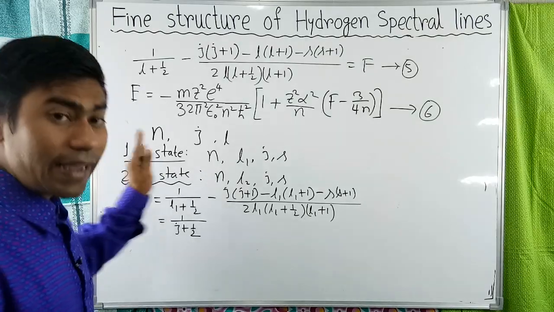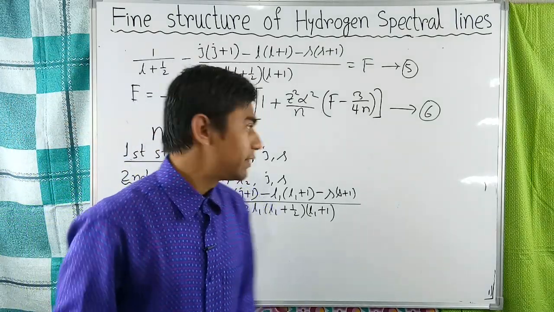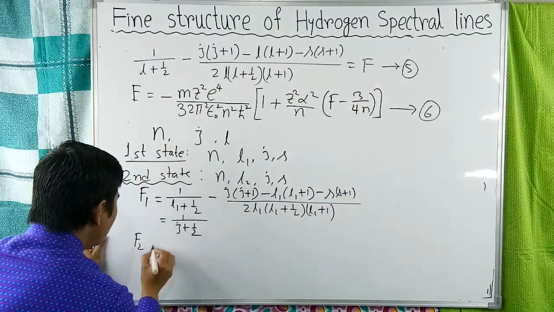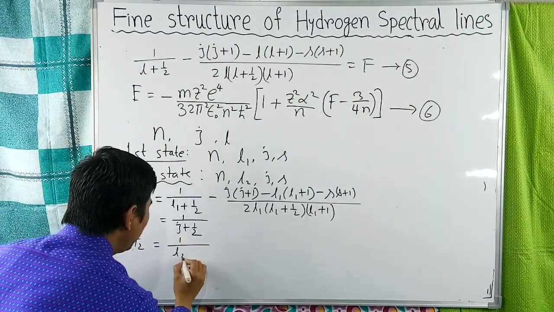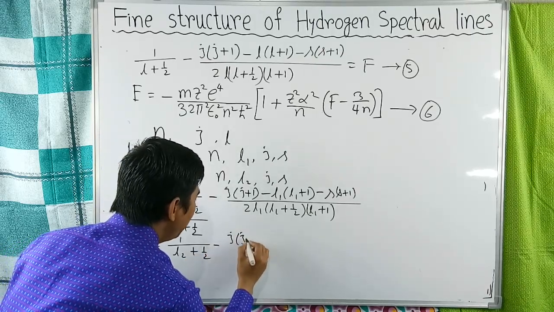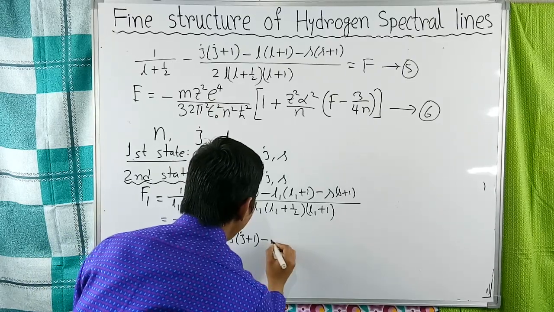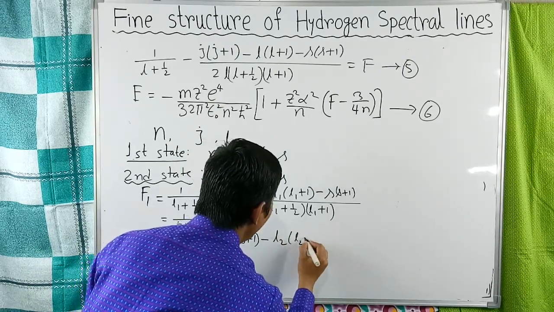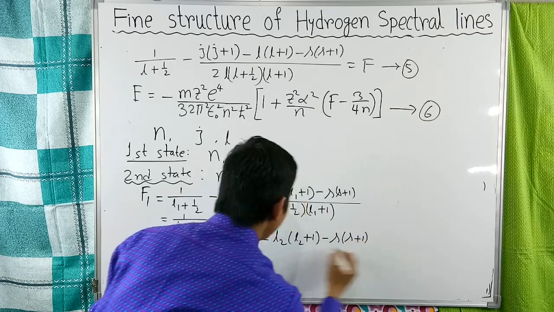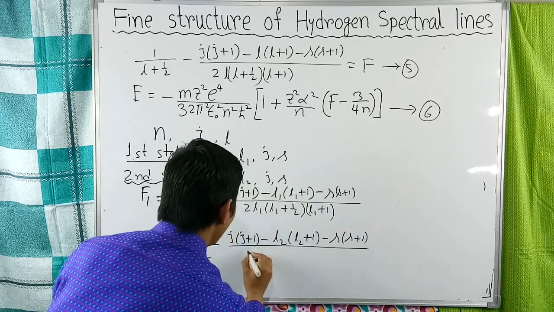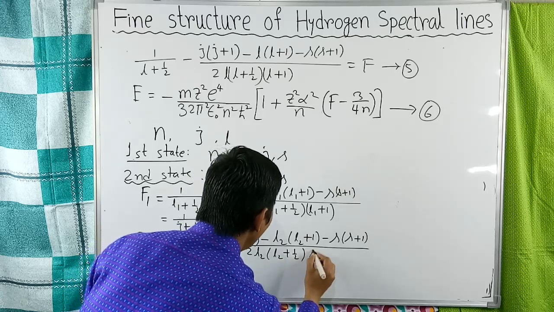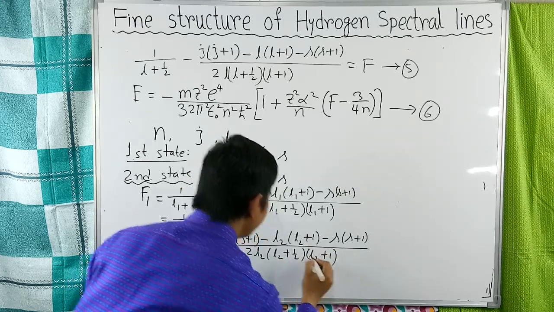Now for the second state, if we calculate the value of f, then we get f2 equals 1 by L2 plus half, minus j into j plus 1 minus L2 into L2 plus 1 minus s into s plus 1, by 2 L2 into L2 plus half into L2 plus 1.